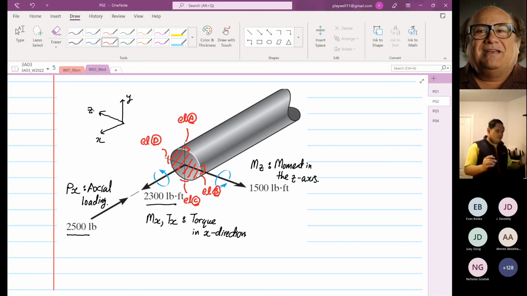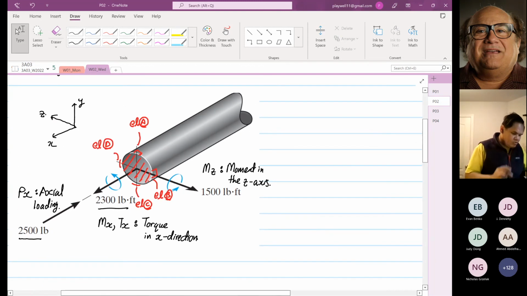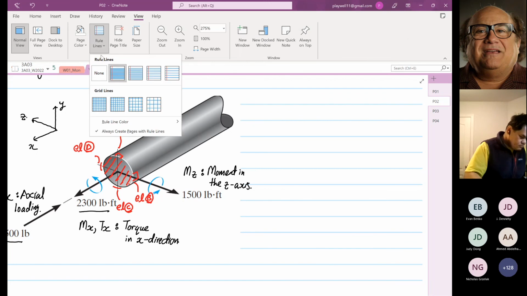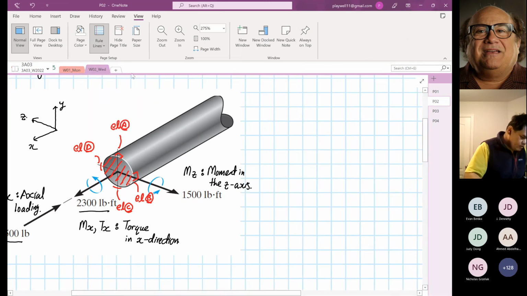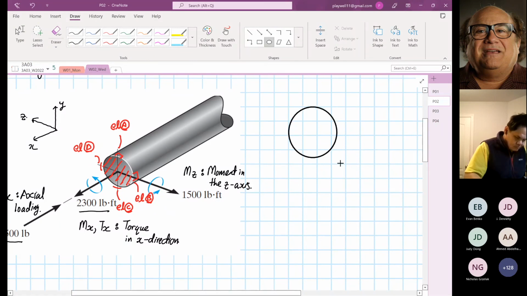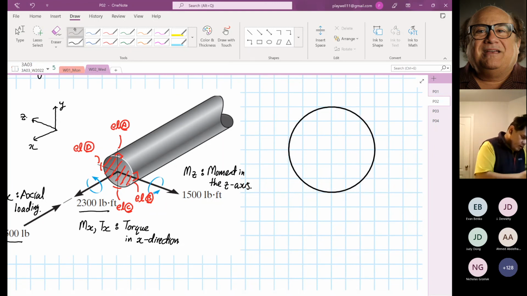So we start analyzing a structure like this. I'm going to draw a cross section, a 2D view. I'm going to draw a circle. This is a 2D view. All right, so we have our transformation.